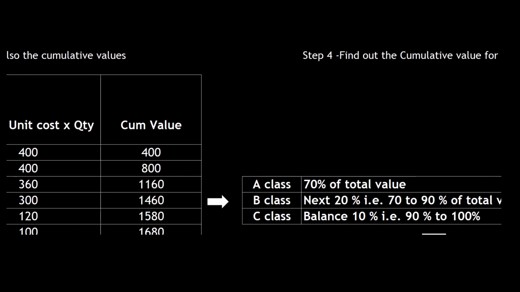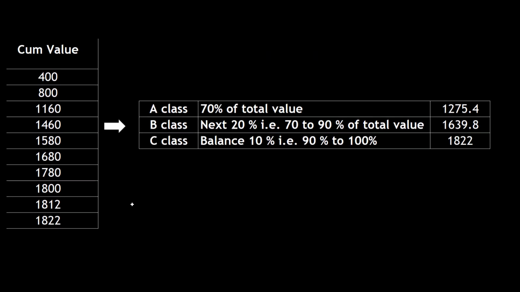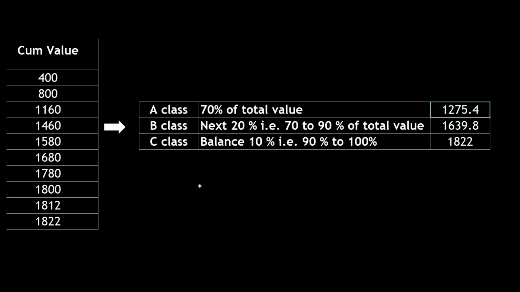Now in step 4 we are going to find the 70-20-10 norm cutoffs. For A class, it is 70% of the total value, so those items will be in A class. We need to find 70% of the total value of 1822, which gives 1275.4. B class items hold 20% of the total value, but which 20%?